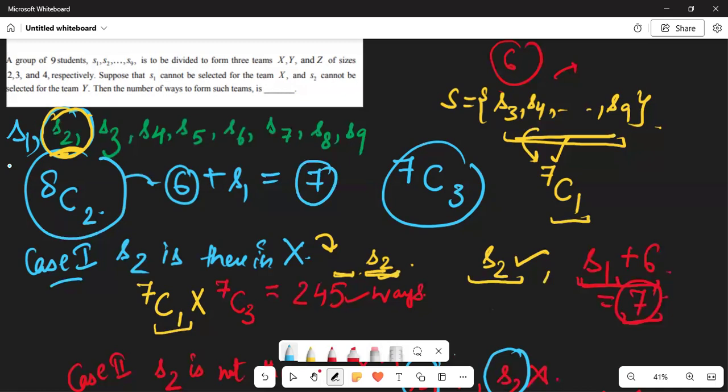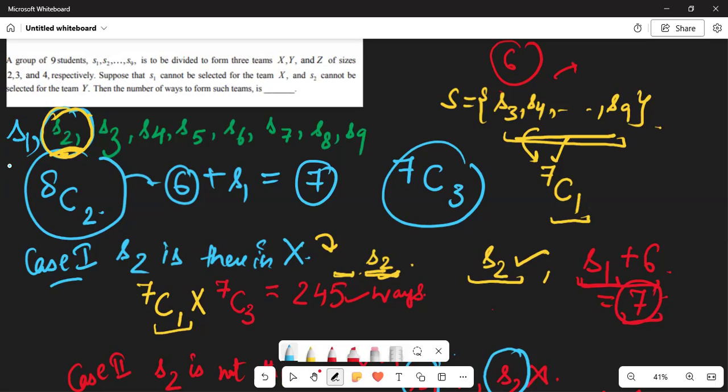We have 9 students. These 9 students have to be put in 3 different teams, X, Y, and Z. X should have 2 students, Y should have 3 students, Z should have 4 students. In a manner that S1 is not there in X, S2 is not there in Y. So what are the number of ways to form such teams?